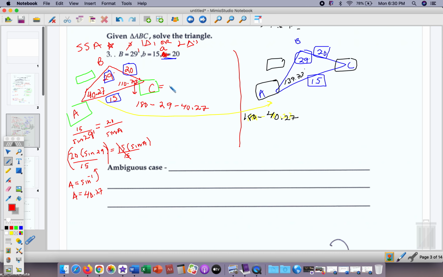So this is 110.73 degrees. And then if I go to the other triangle, this angle is going to be 180 minus its interior, 139.73 minus 29, which is going to be 11.27.